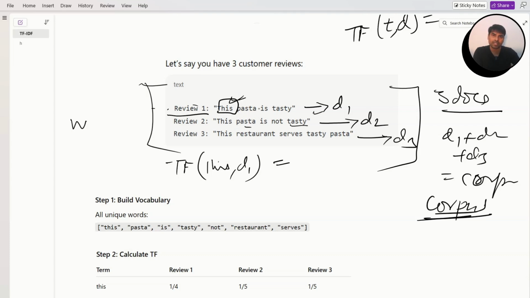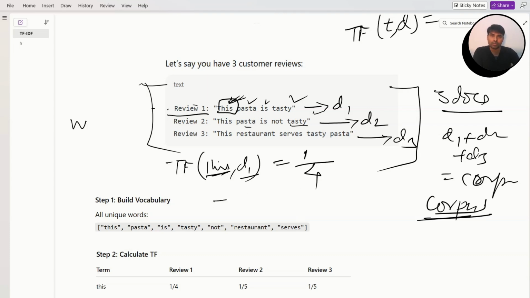This pasta is tasty, it appears just one time, so it becomes 1. Then we divide by the total terms or words in the given document. I have 4 words, so I divide by 4. So this becomes the term frequency of this keyword in document D1.